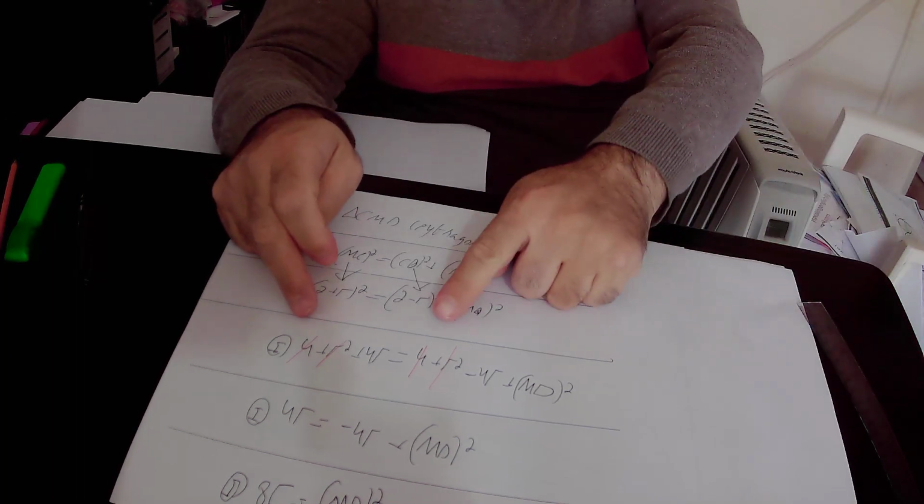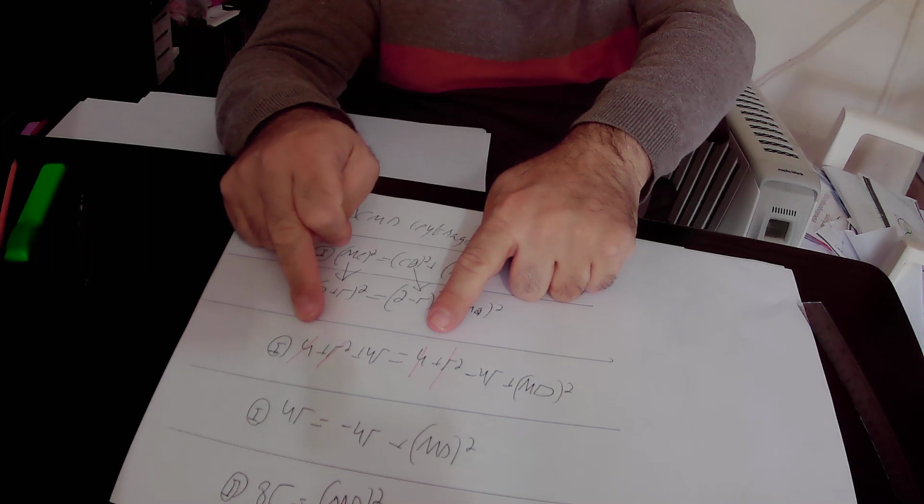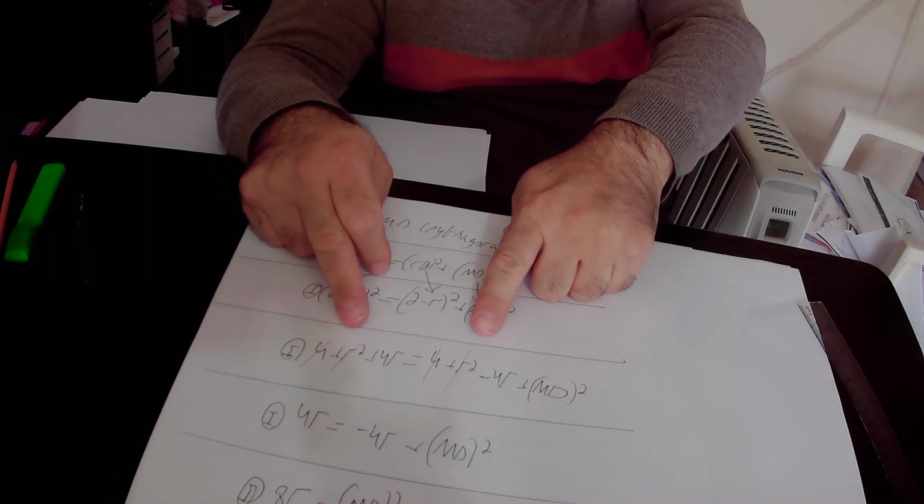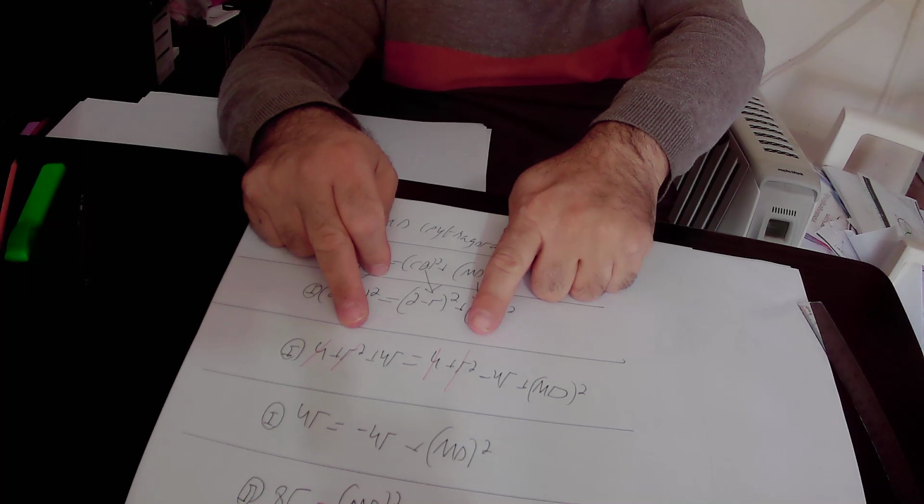Here we have 4 on both sides of equation number 1, so 4 will get cancelled, and we have R square on both sides, so R square will also get cancelled.